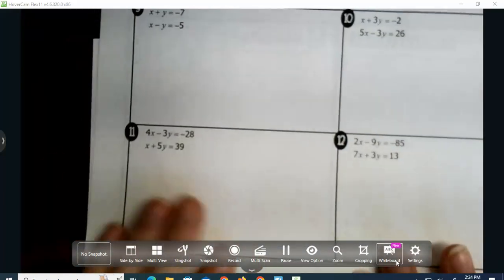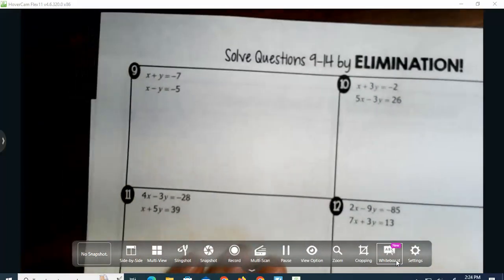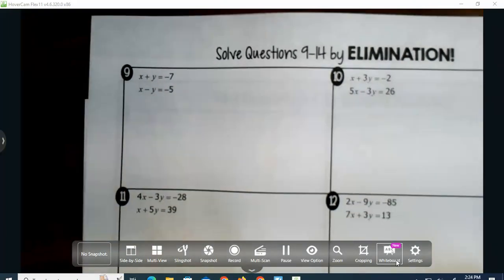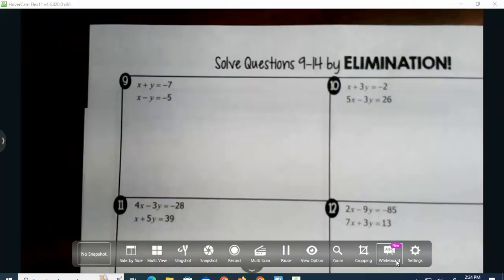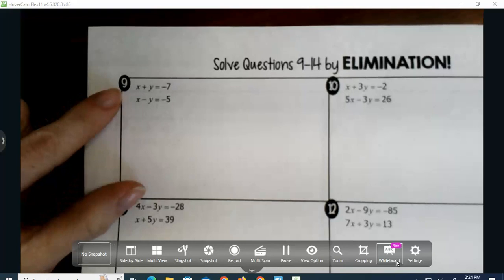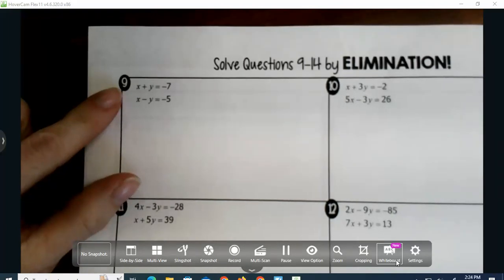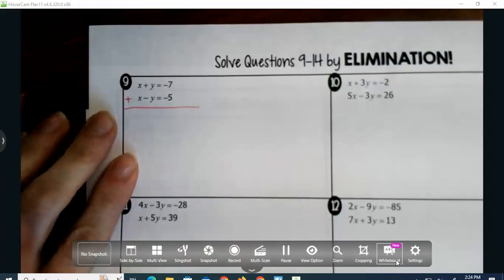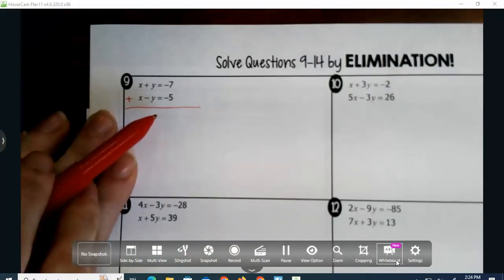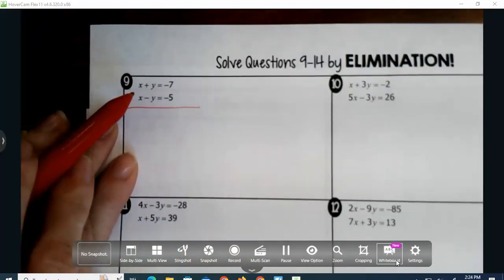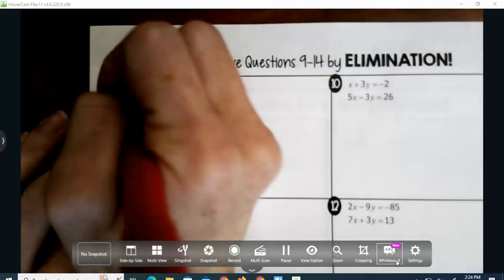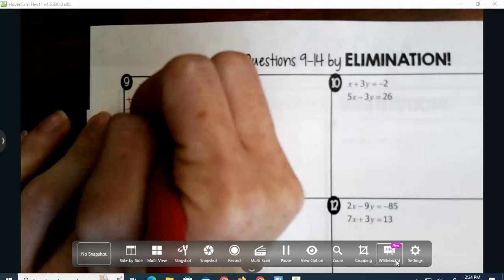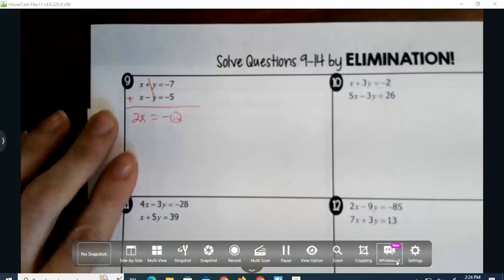Okay, let's look at an elimination. These are what we have been working on. We might do 2 of them. We'll kind of see. On the first one, if I want to eliminate, do I have to do anything? No, these equations are ready to just add together because my y's are already opposites. So 1x plus 1x would be, the y's cancel. Negative 7 plus negative 5 is negative 12.